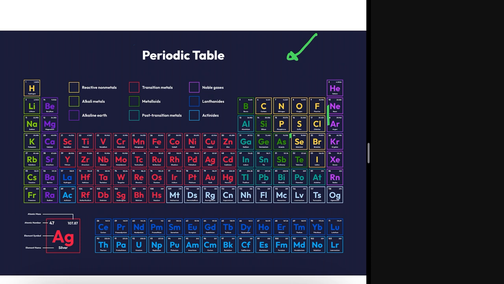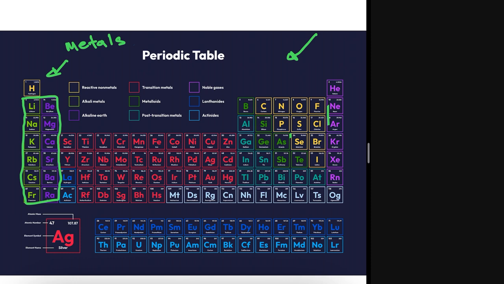On the first two groups, we have metals. But please be careful to note that hydrogen is not a metal, even though it is in the first group. So here we have metals.